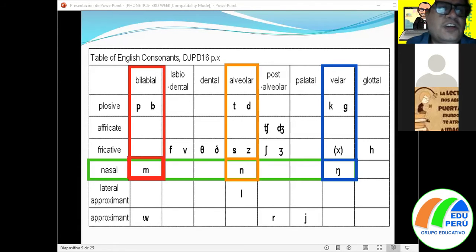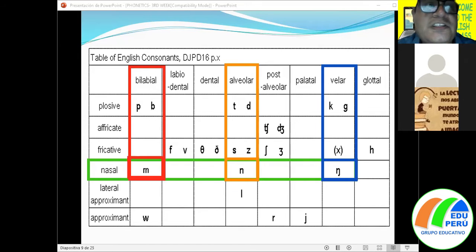It doesn't finish in the front part of your mouth. You don't say swimmin. No, it's not that. It's swimming. The back part of your tongue to the back part of your mouth. Swimming, singing. Notice this word is very important.